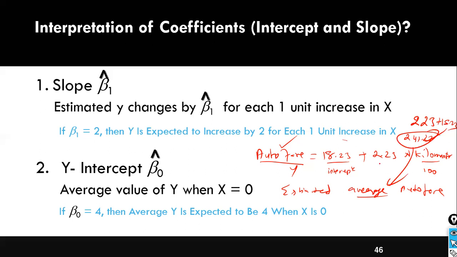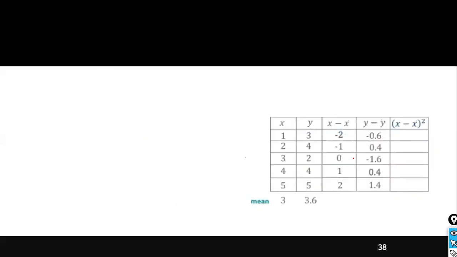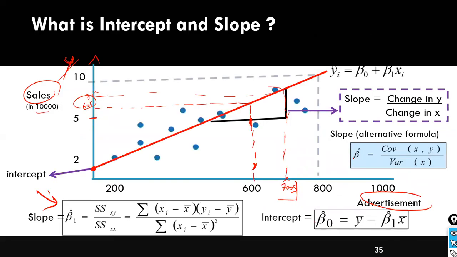Now the question is, what is the role of the slope here? This is my slope, and this value is also determined by my software. So how can we interpret this? If somebody asks you what is the rate of change in Y when X changes, let's go back to the previous example, advertisement and sales.